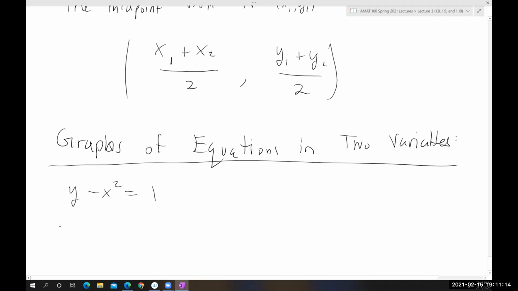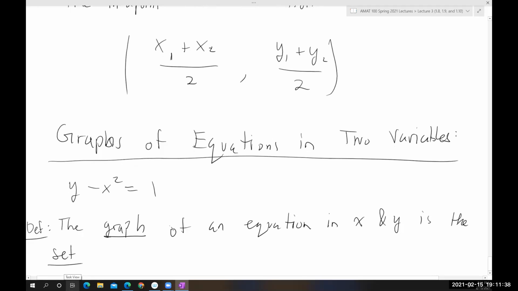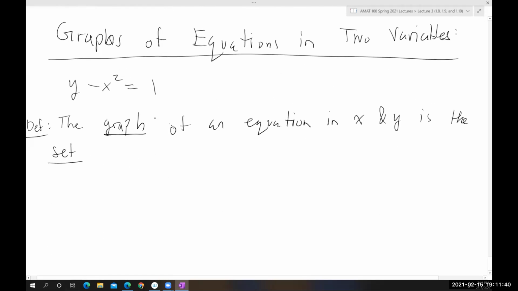And the graph, so this is sort of a definition. The graph of an equation in x and y is the set. So remember, I want to emphasize the importance of sets. That's really all mathematics is, just sets, and functions on sets, which we haven't talked about, but we'll talk about functions eventually.